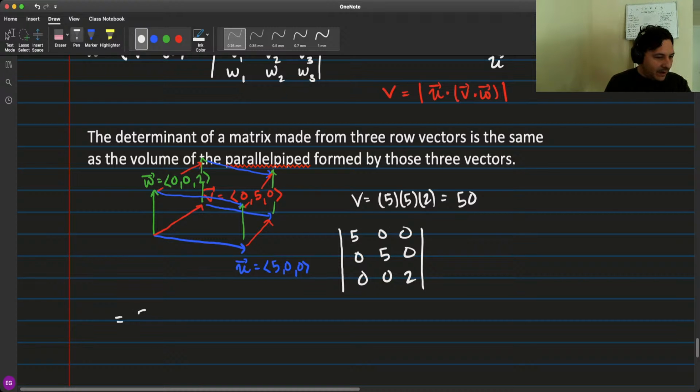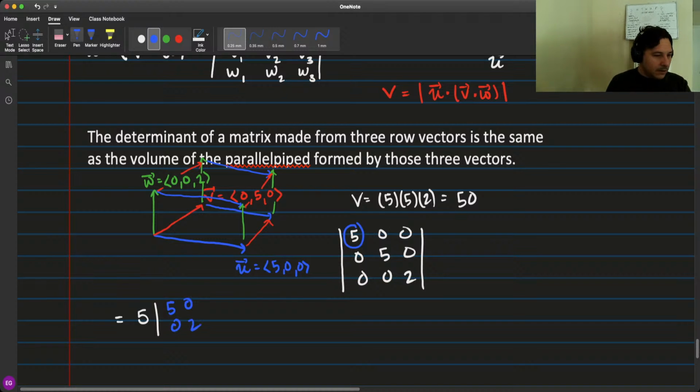You have 5 times the determinant of 0, 0, 0, 2 minus... Oh wait, I screwed up. You start with this 5, so the numbers we're going to get are 5, 0, 0, 2.